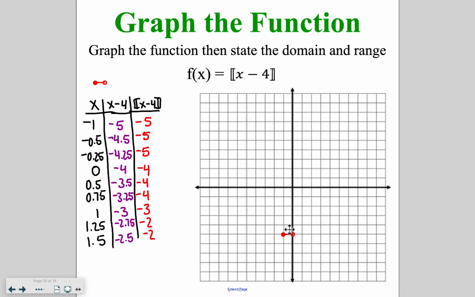When you are graphing these step functions, this particular greatest integer function, you're always going to have a filled in dot on the left, a flat line, and then an open dot on the right. When I go to my next one, 0 to 0.5 to 0.75, that's going to give me all of the values that are -4. And then I've got for the next one, all of the values that are -3.